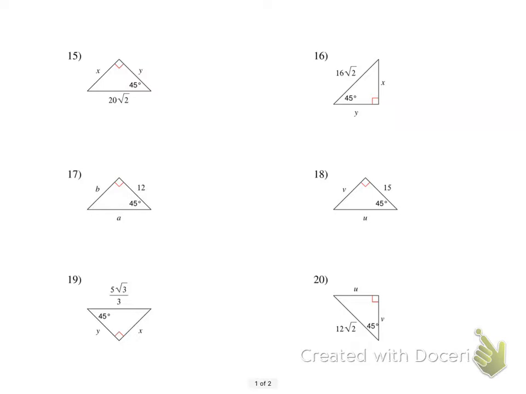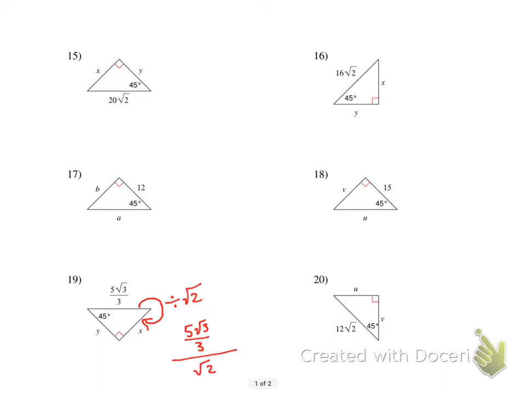Let's just say it's the hypotenuse. We need to divide by square root of 2. Hopefully you guys are good with that. We're going to divide 5 square root of 3 over 3 by square root of 2. Now, I could write it like that, but dividing by square root of 2 does not look very pretty.